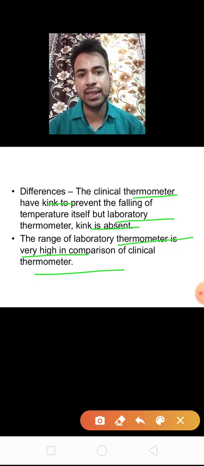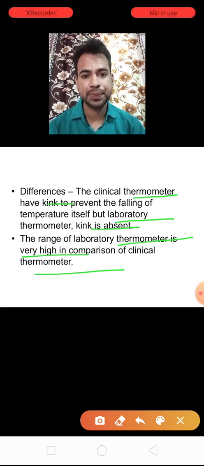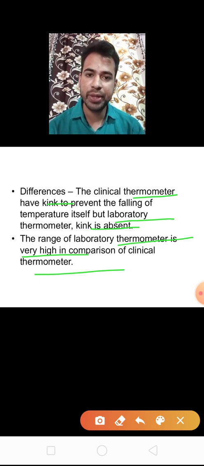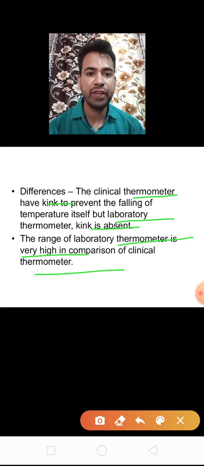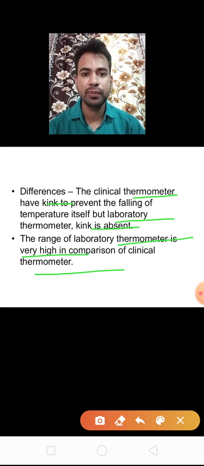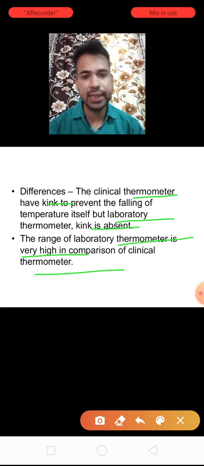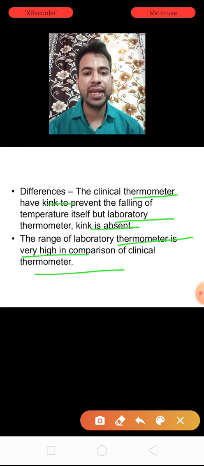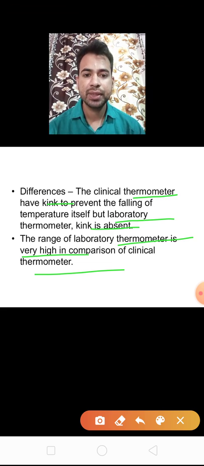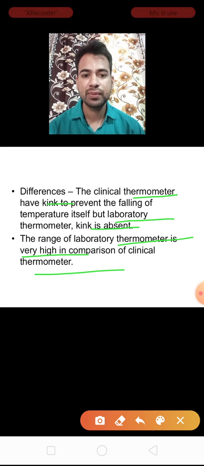Minus 10 degrees Celsius to 110 degrees Celsius. The clinical thermometer has a range from 35 degrees Celsius to 42 degrees Celsius. So we can say that the laboratory thermometer has a much higher range than the clinical thermometer.